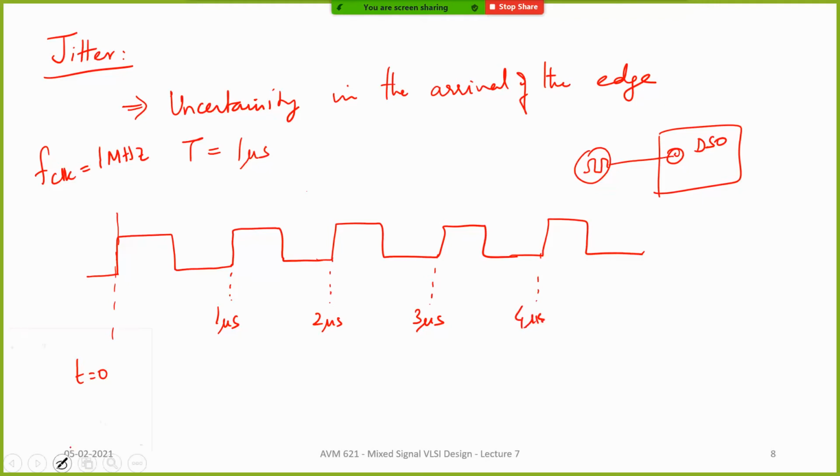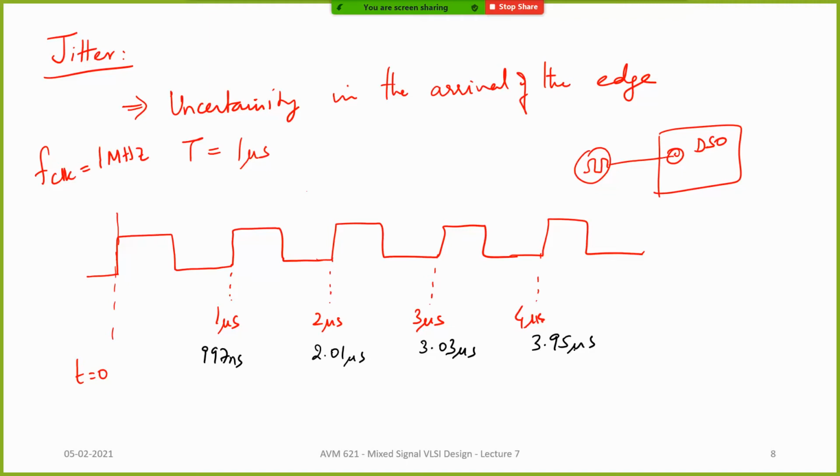But in reality, what will happen is this will be some 997 nanoseconds, and this can be some 2.01 microseconds. This can be 3.03 microseconds. This can be 3.95 microseconds. So if you really plot it, I just gave you an example. Probably it's not so extreme.